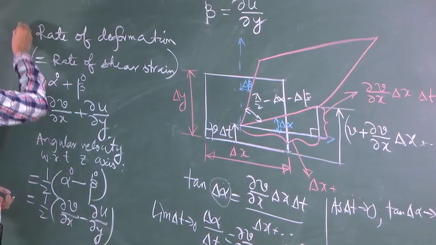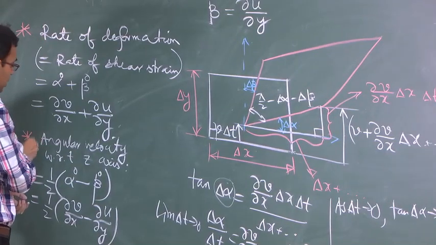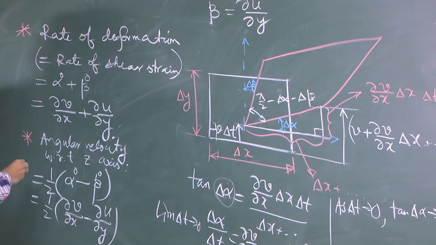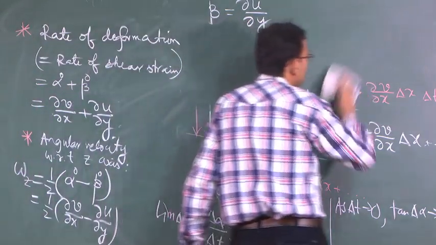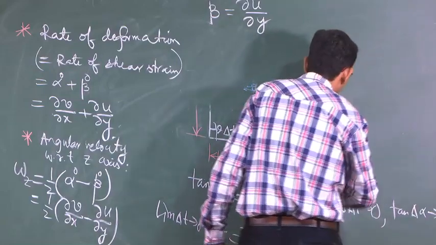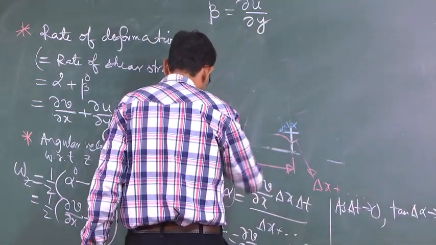So, we have introduced two important definitions, one is rate of deformation, another is angular velocity with respect to a particular axis. Now, this angular velocity is related to a mathematical quantity which is defined as vorticity.